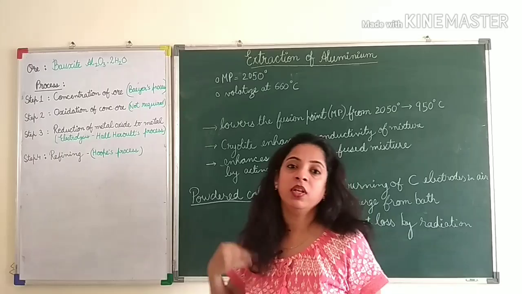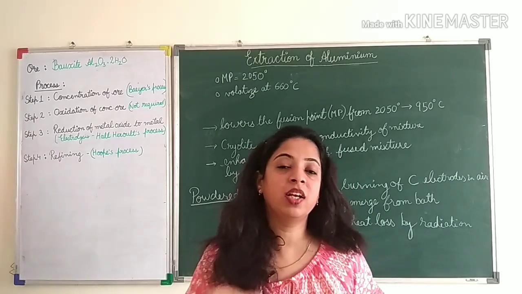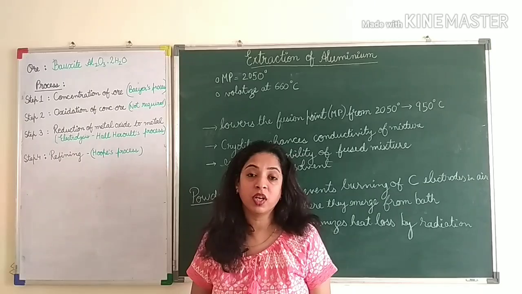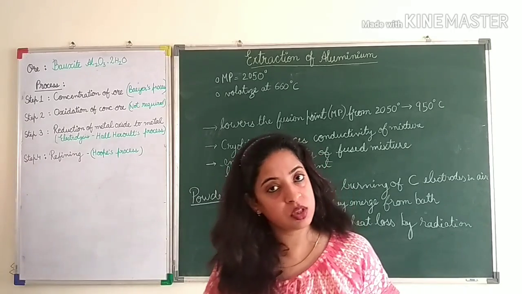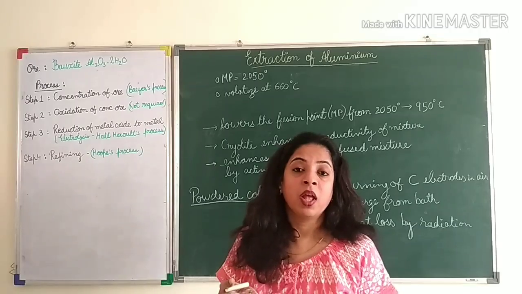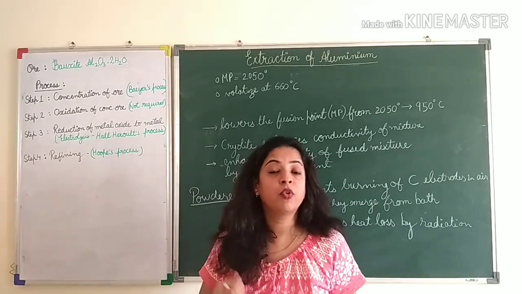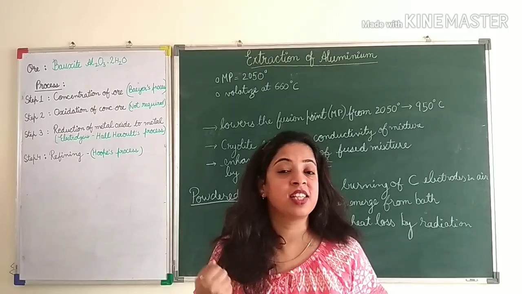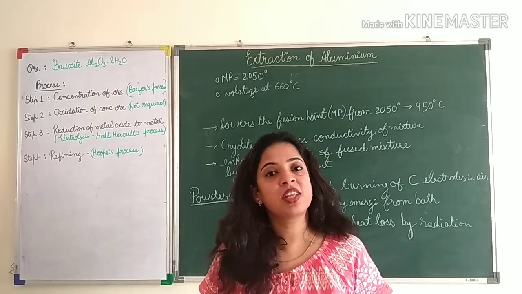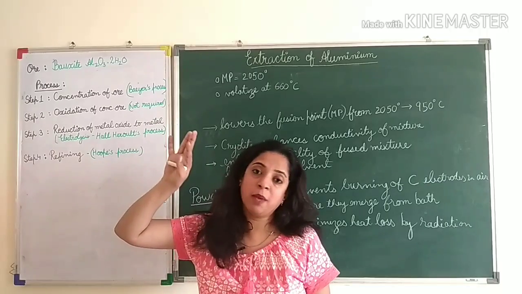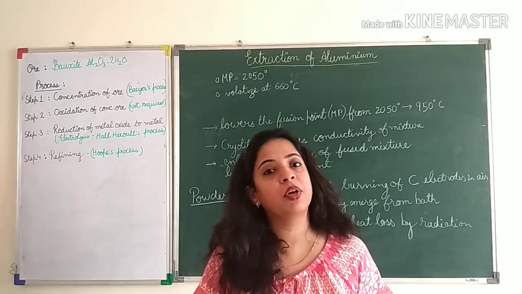Even if that temperature is reached, maintaining the electrolytic cell at that temperature was again very difficult. And even if that was done, the molten metal at this high temperature would volatilize, because aluminium volatilizes at 660 degrees Celsius. It would have escaped as vapor, so we would not be able to collect it.